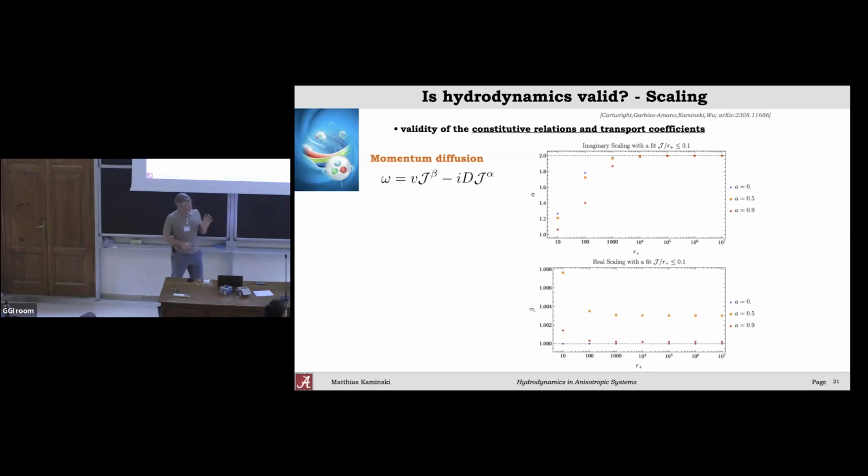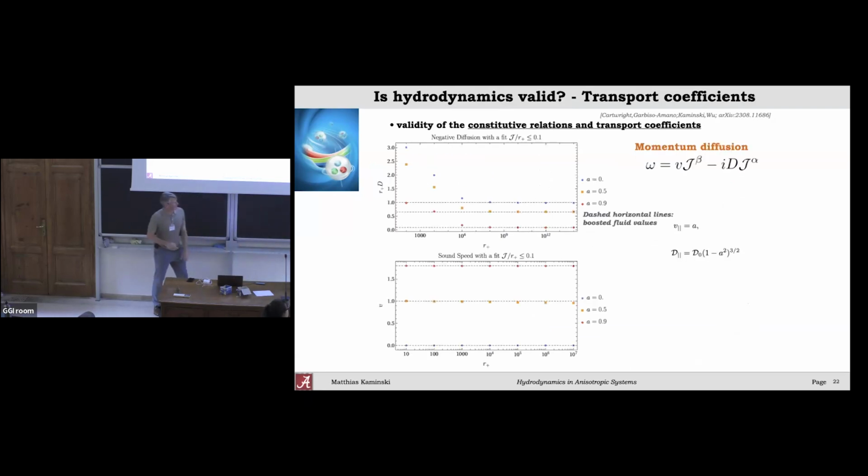And we see that in the dispersion relation, for example momentum diffusion, the beta and the alpha change from their values of 2 down to 1 at smaller radii and smaller temperatures. So the dispersion relation changes. Well, okay, beta is unaffected, so it is more just a diffusion term here that is affected.